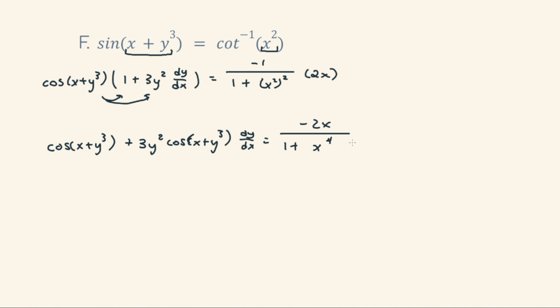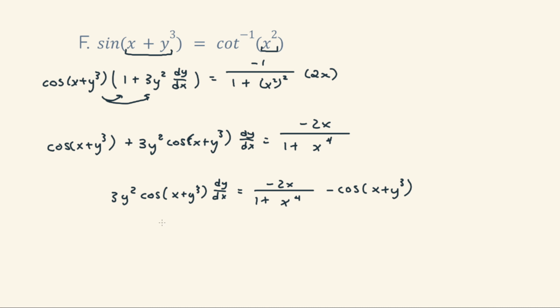Now we're going to subtract cos of x plus y to the 3 from both sides. So 3y squared cos of x plus y to the 3 dy over dx is equal to minus 2x over 1 plus x to the 4, minus cos of x plus y to the 3. And all that's left to do now is to divide both sides by this bit over here.